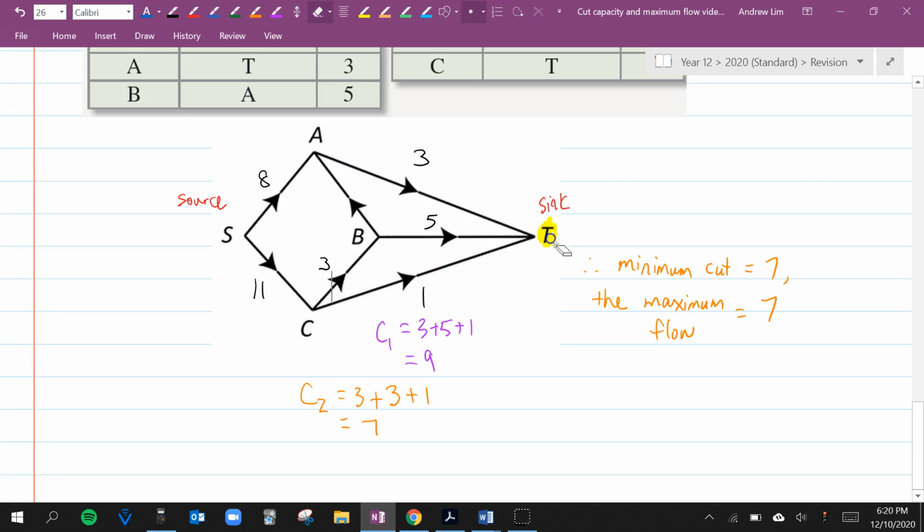We're looking at this diagram and we're thinking, 20 liters of water can flow out from the tap. But in reality, only 7 liters of water will get to the sink. A maximum of 7. Okay?